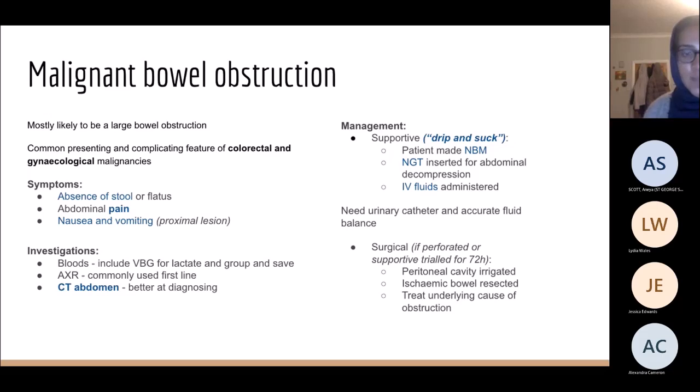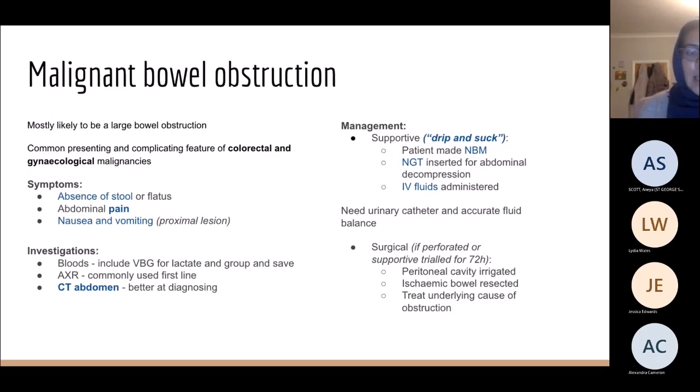Now, management-wise, you would want to keep the patient nil by mouth. It's quite surprising, but with obstruction, the first step is actually more supportive management. What you do for that is you put an NG tube in them and you do what's called drip and suck. It's a process of abdominal decompression, which can sometimes help relieve the bowel obstruction. And you obviously want to back them up with fluids.